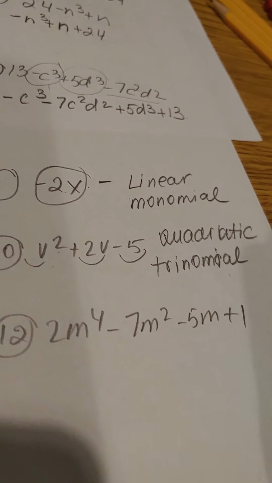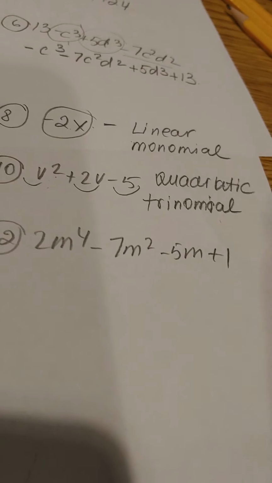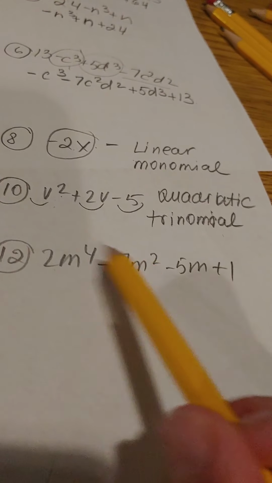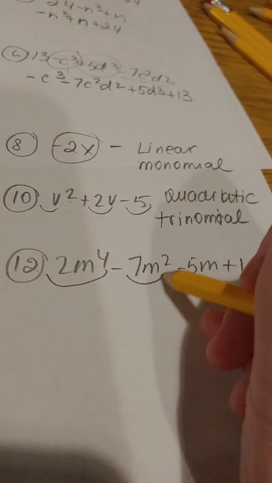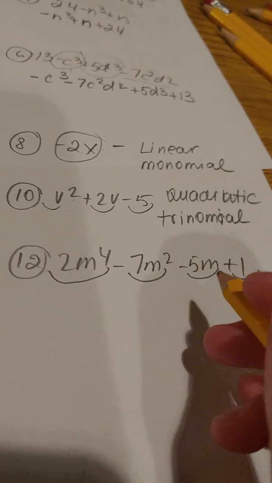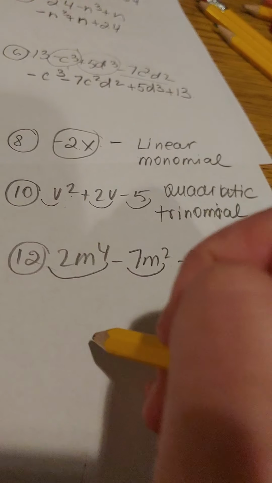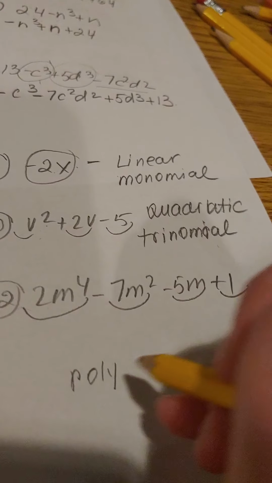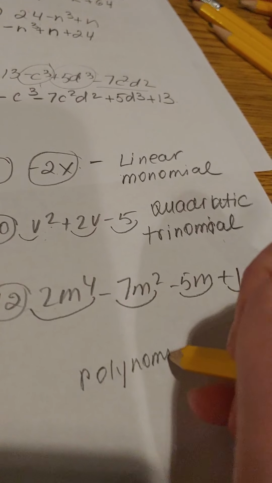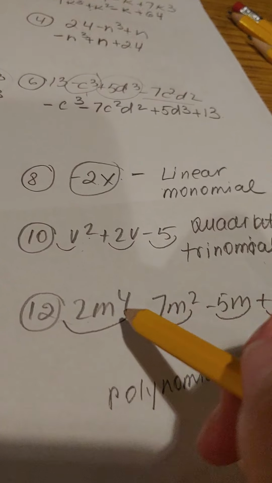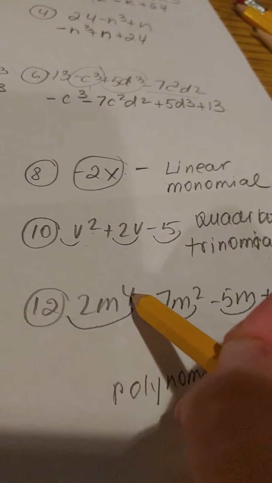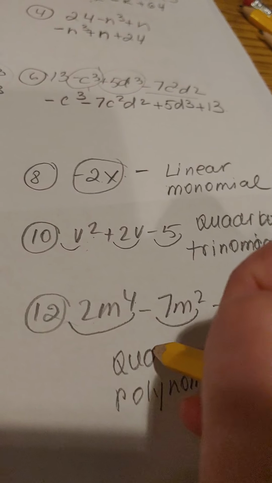So it's quadratic trinomial. Here, how many terms? 1, 2, 3, 4 terms. So if there's 4 or more terms, it's called polynomial. What is the highest degree? The highest degree is 4. So we're dealing with quartic polynomial.